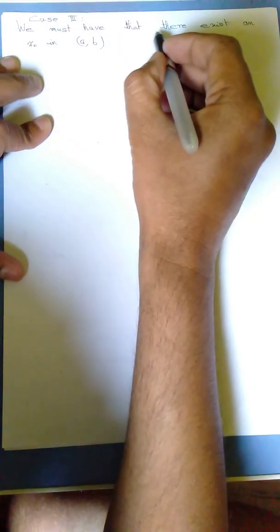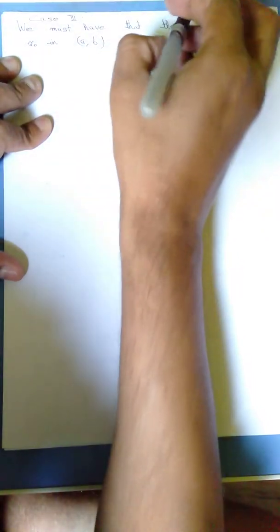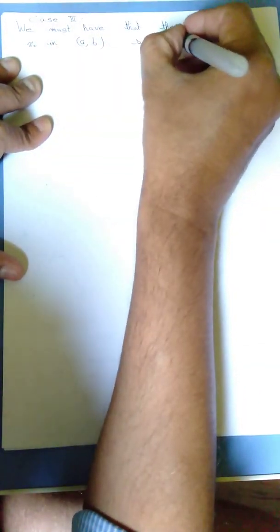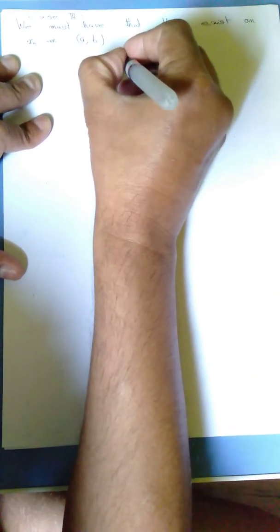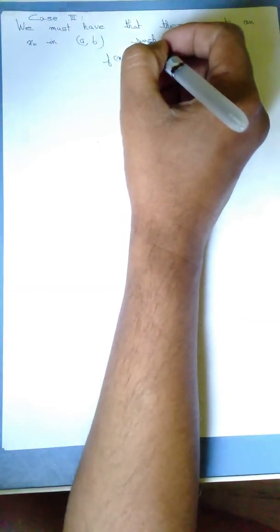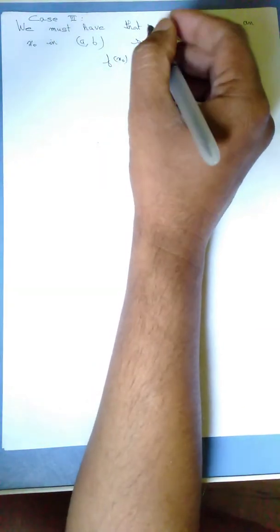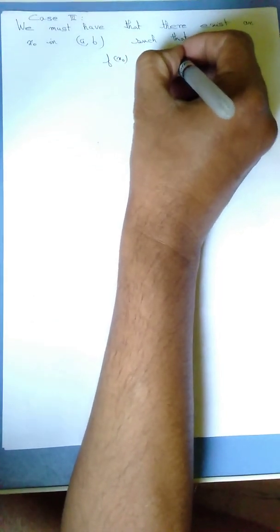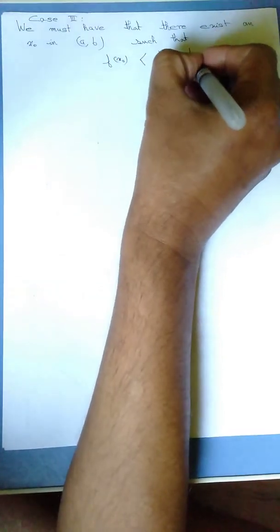We must have that there exists x naught in this interval such that f(x naught) is, if it is not always greater than, then less than f(a), and that f(a) is equal to f(b) as well.